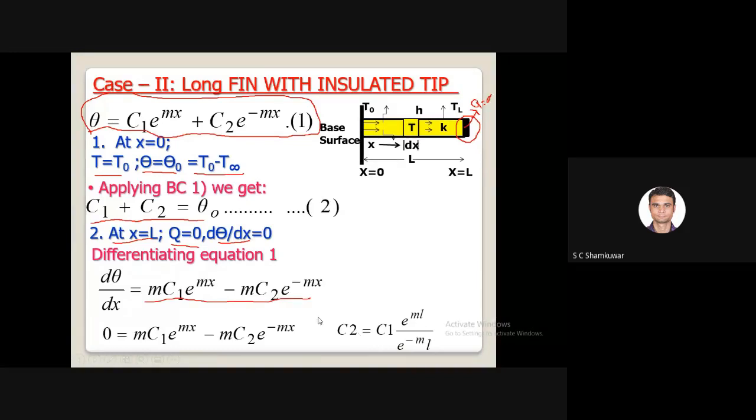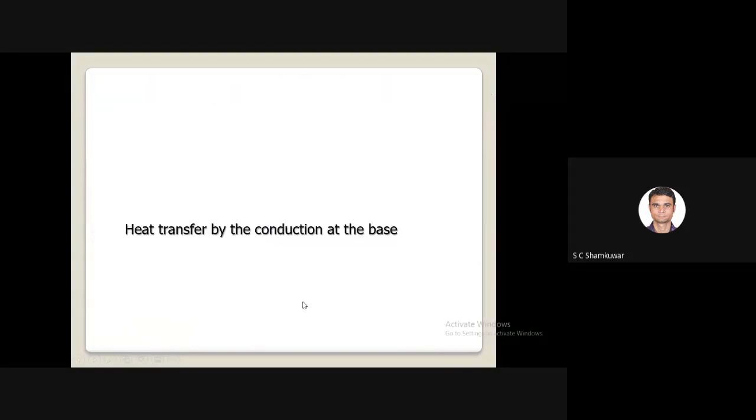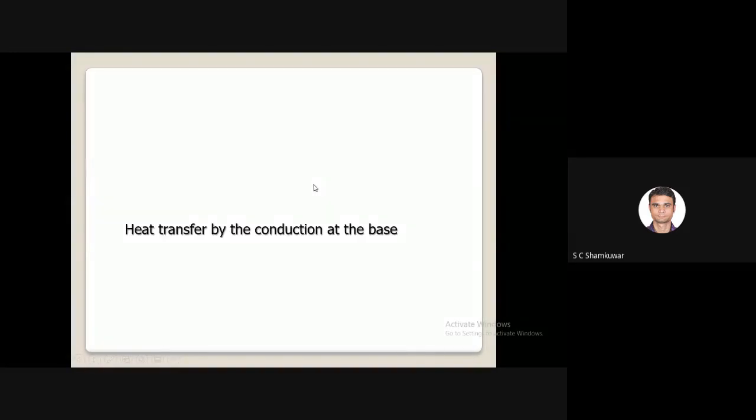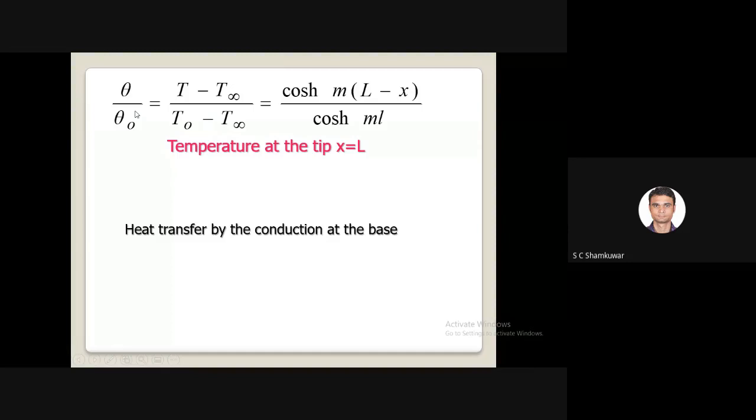So again you need to find the values of C1 and C2. I will not take the derivation now. I will directly tell you, when the long fin is there with the insulated tip, we will get this temperature profile: theta by theta naught is equal to T minus T infinity divided by T naught minus T infinity is equal to cosh m(L minus x) divided by cosh mL.